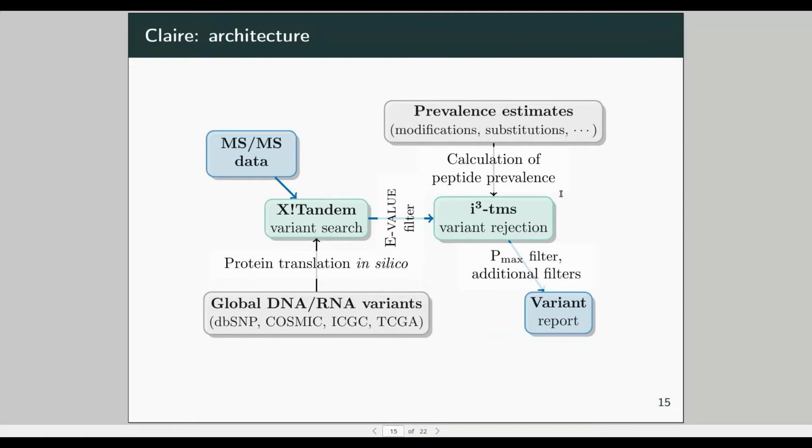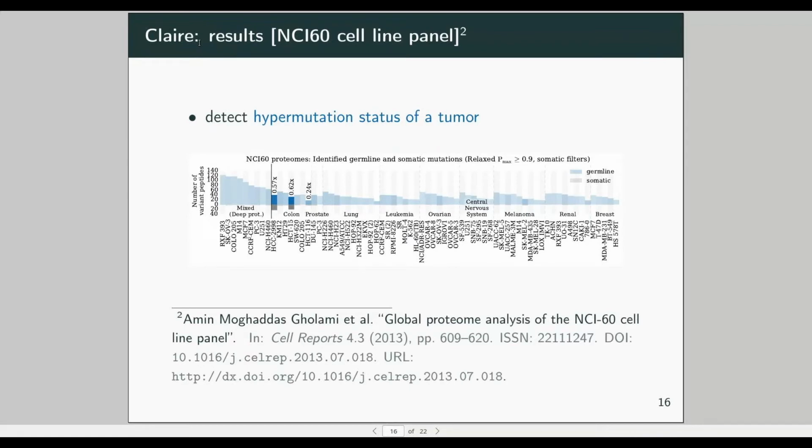For example, if some criterion for a peptide to be correct works very well for a reference peptide, it can be absolutely inadequate if you want to identify a peptide which is much less likely a priori.